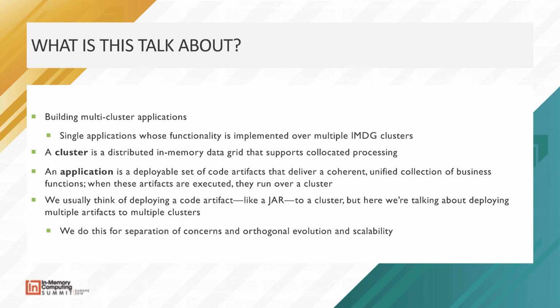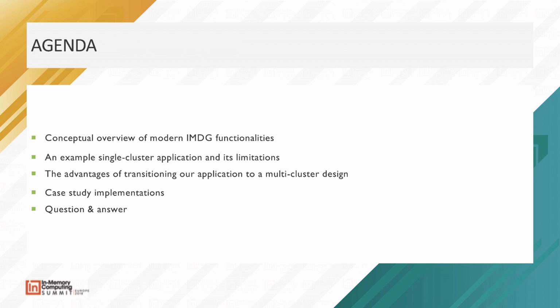Since we usually think about deploying code artifacts like jars to a cluster, for the purposes of this talk we're actually going to be talking about deploying different code artifacts to different clusters with slightly different functionality. We do this for separation of concerns and orthogonal evolution and scalability. We probably have a pretty good idea of what those mean, but I'll define them as we get a little more into this talk.